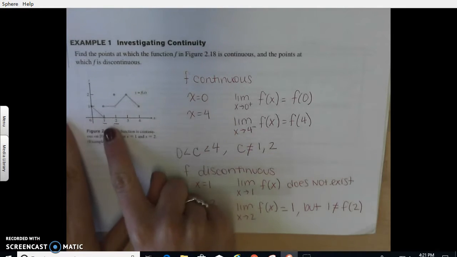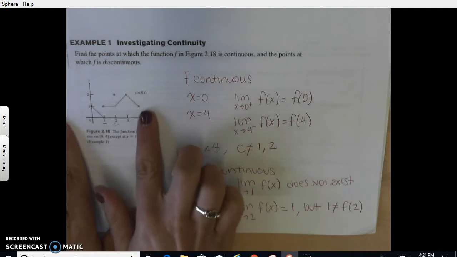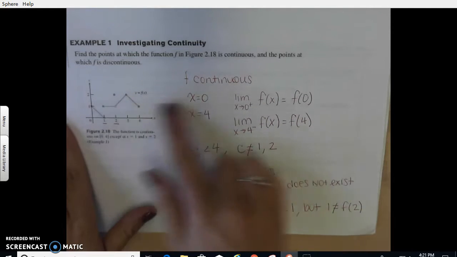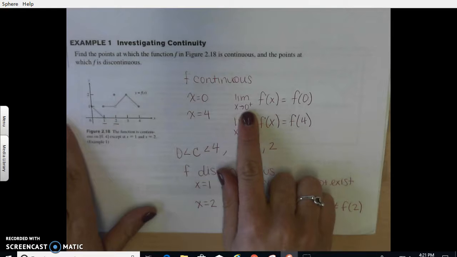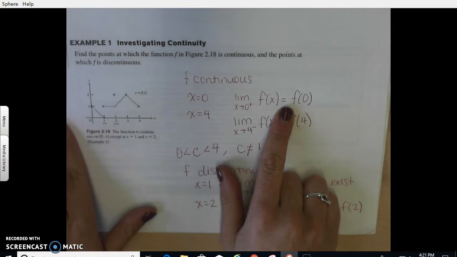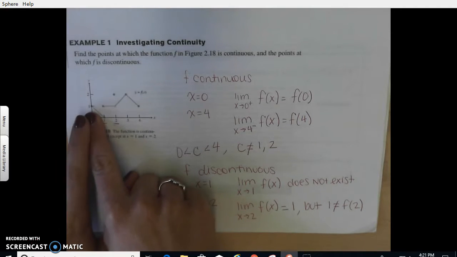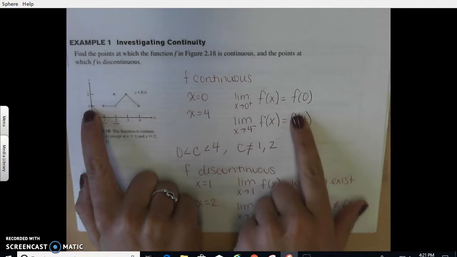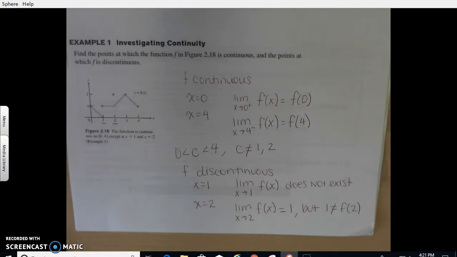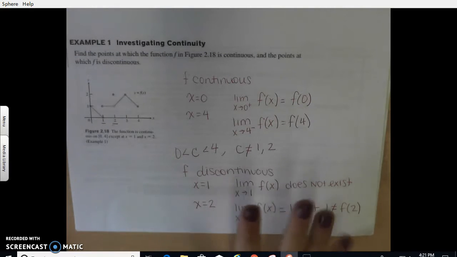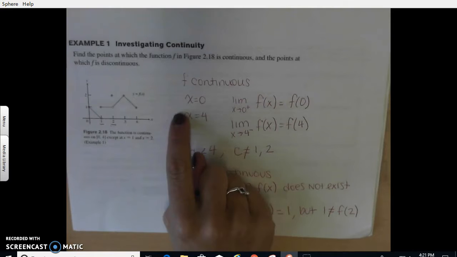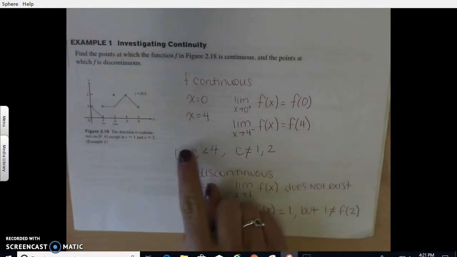So 0. If we look at 0, our whole function is happening to the right of 0. So we're going to take the limit as x approaches 0 from the right of f of x, and as we look at that, it is equal to f of 0. So at x equals 0, we are continuous.